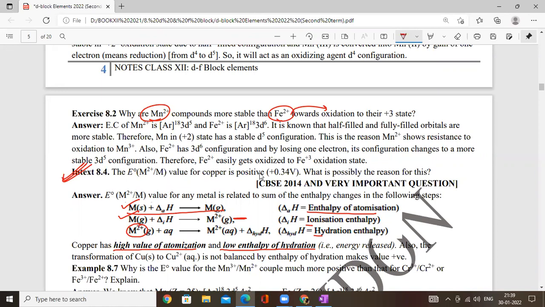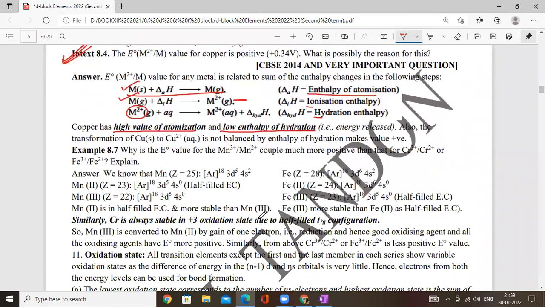That's why the E naught value becomes what? Positive. So this is the reason you have to write down: copper has a very high enthalpy of atomization and low enthalpy of hydration, but it is not balanced by the enthalpy of hydration, which makes the E naught value positive.